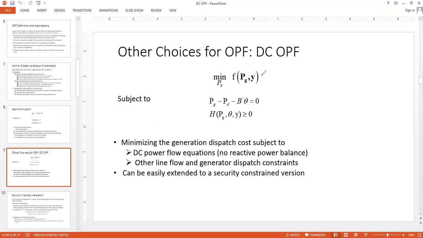So again, we will have an objective function, but now in the objective function, the main focus will be only on PG. There will be no QG, as we have identified already in the DC load flow case. Y is again the set of parameters.